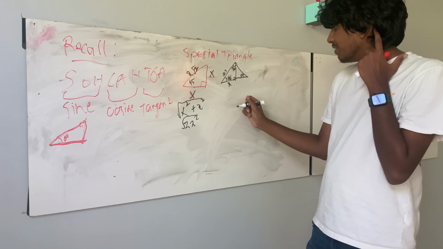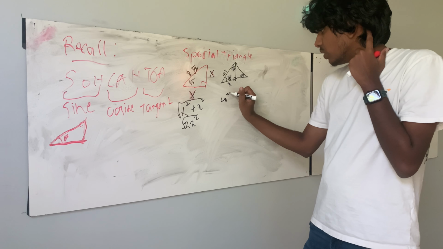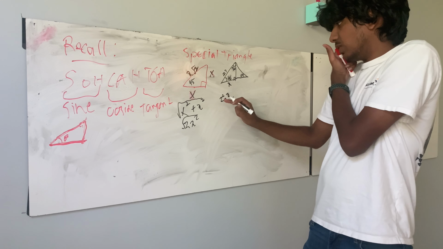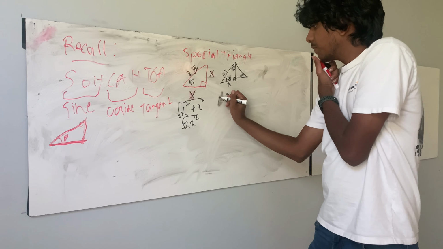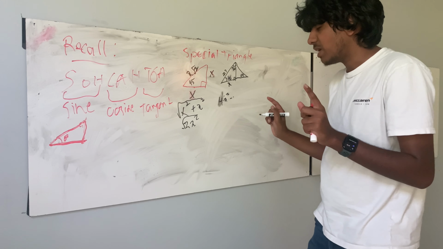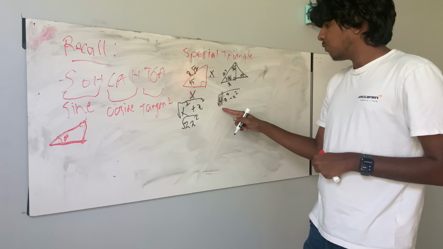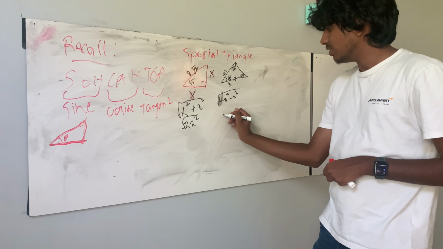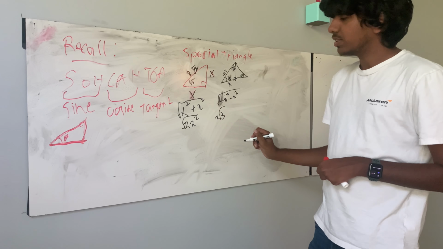You can use the Pythagorean theorem to figure this one out. This would be 2x squared minus x squared. My bad, this is going to be 4x squared, because you're squaring the 2 too. X squared, all square rooted. 4x squared minus x squared is 3x squared, and you get the square root of 3 times x.